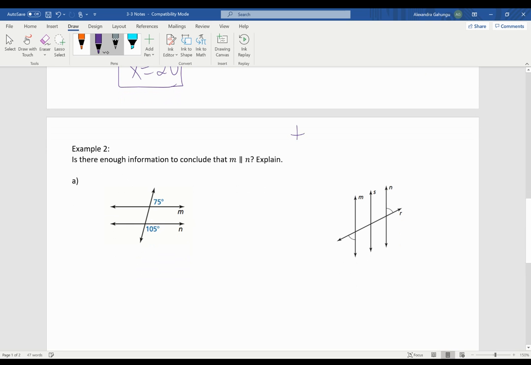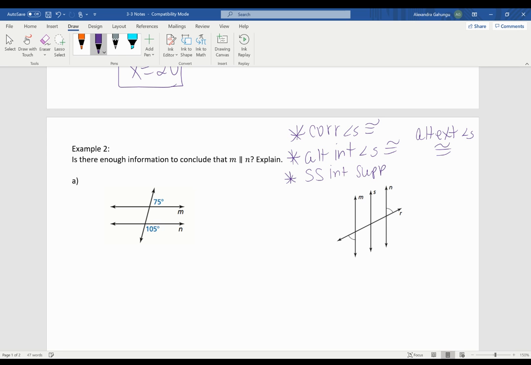So basically the information that we would need would be corresponding angles congruent, alternate interior angles being congruent, same side interiors being supplementary, and there's one last one, alternate exterior angles being congruent. So those are the four things we would need to be able to say that our lines are parallel.